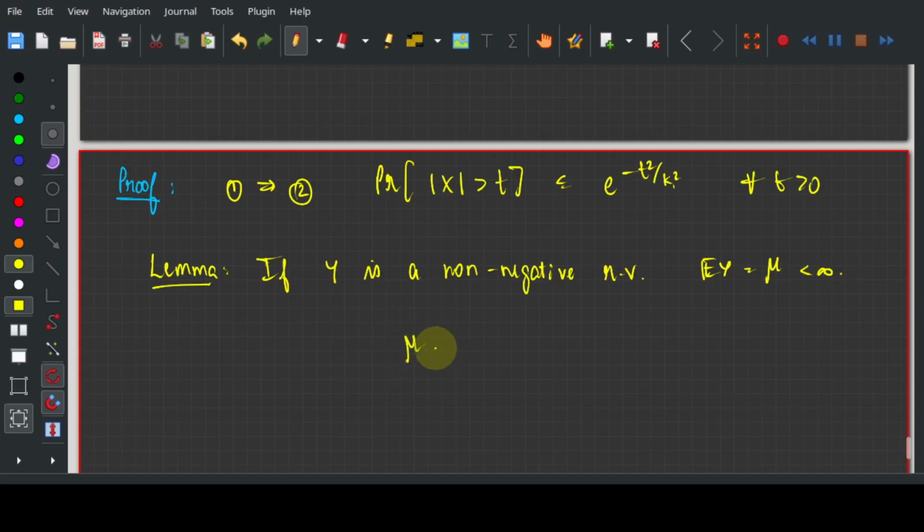Then you can write mu as the integral from 0 to infinity of probability that Y is greater than t dt. Have you seen this before?